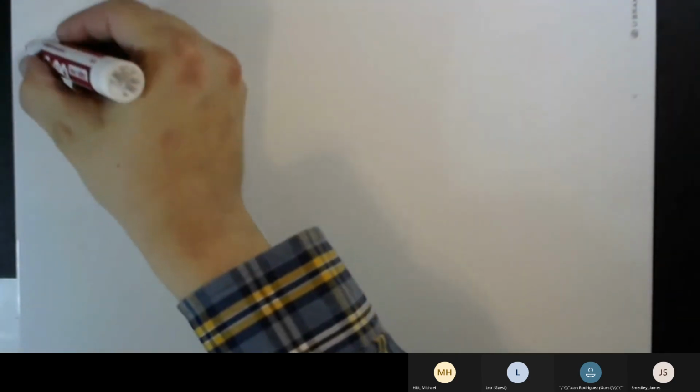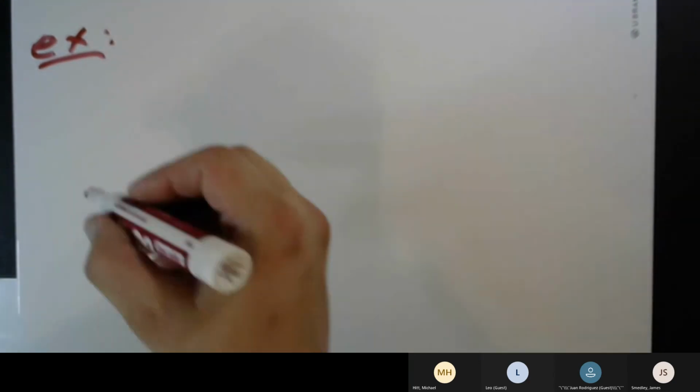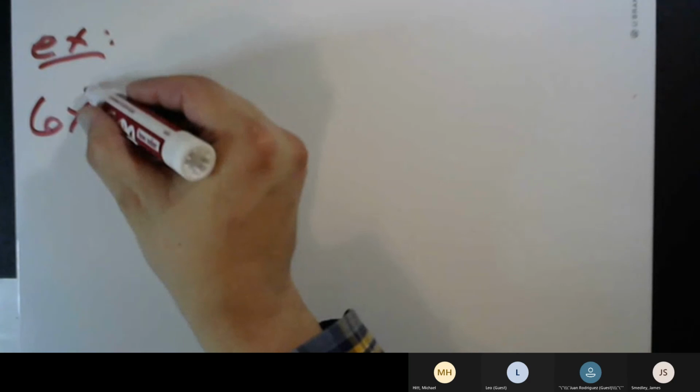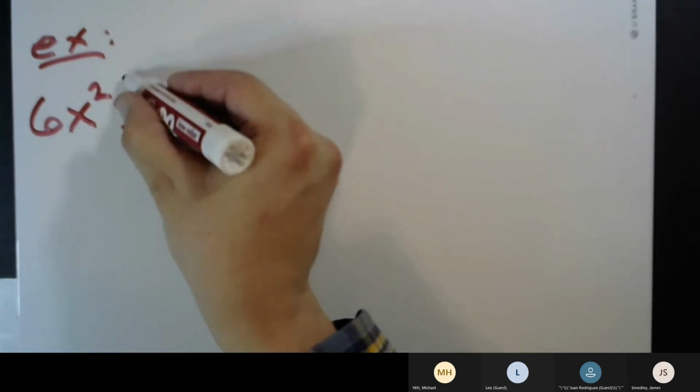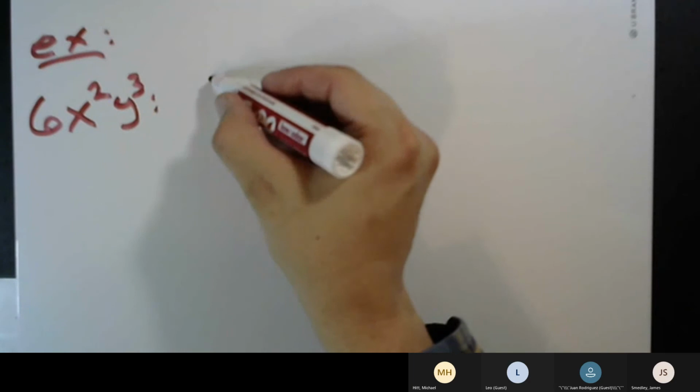So let's do some more like terms. So let's say we have this. And these are the ones we get to choose from.